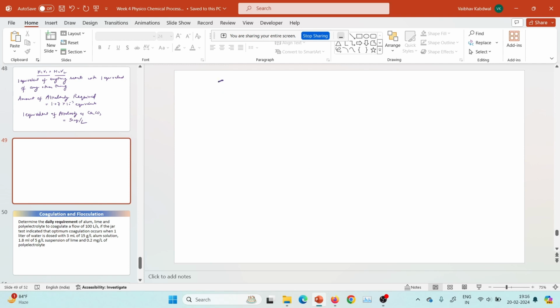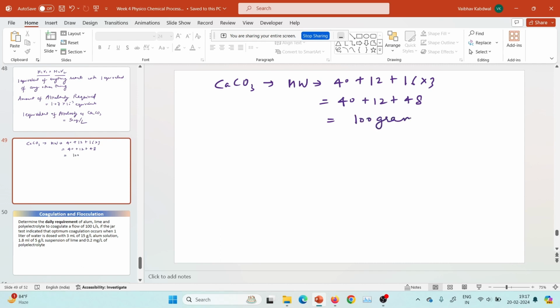So we know CaCO3. What is the molecular weight of CaCO3? Ca is 40, carbon is 12, oxygen is 16 into 3. So it will be 40 plus 12 plus 48, which is 100 grams. So in 1 mole there are 100 grams, this is the molecular weight.